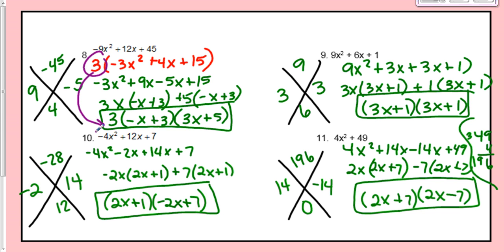Number 9 was actually a perfect square trinomial, 3x plus 1 times 3x plus 1. And 11 was actually, oh no, I did 11 wrong. 11 can't be factored. Oh man, wish I'd noticed that right before I pressed record. So what I did on here, which I didn't pay attention to, is when I took out this negative 7, this should have been a negative 7 as well, meaning these aren't the same.